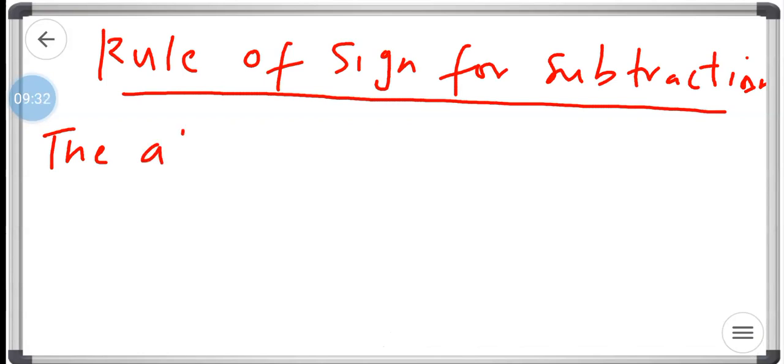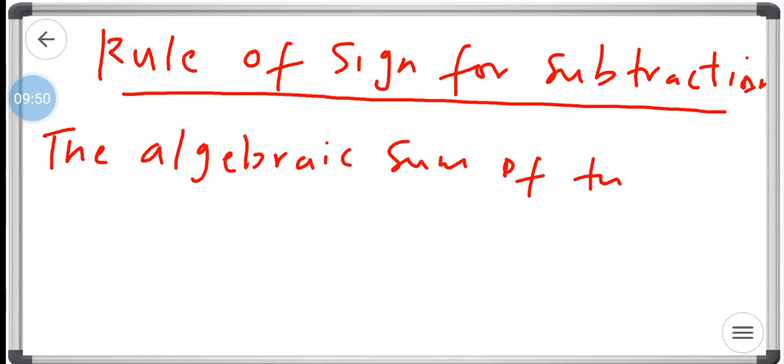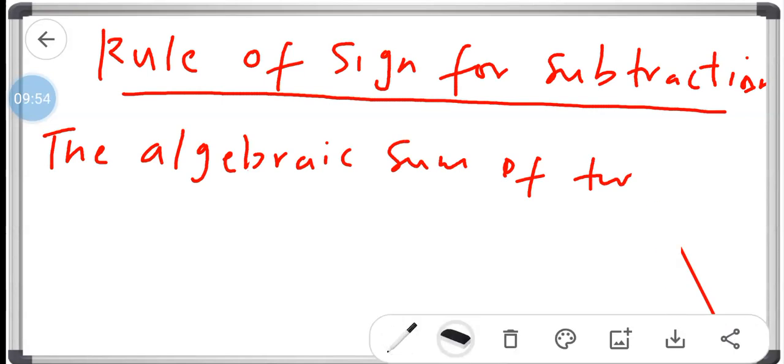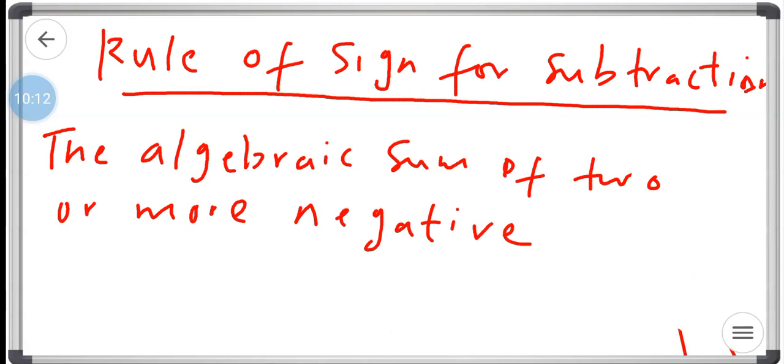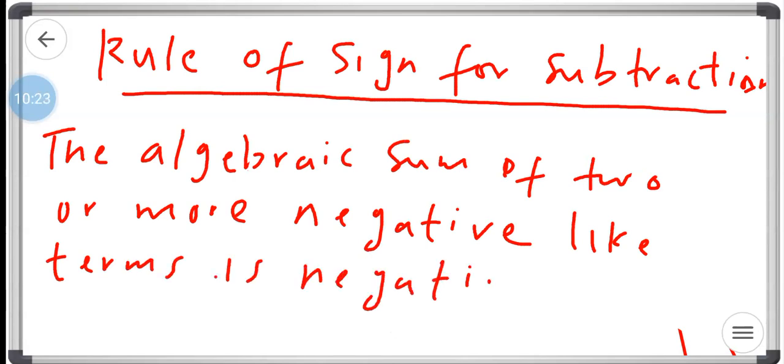The algebraic sum of two or more negative like terms is negative.